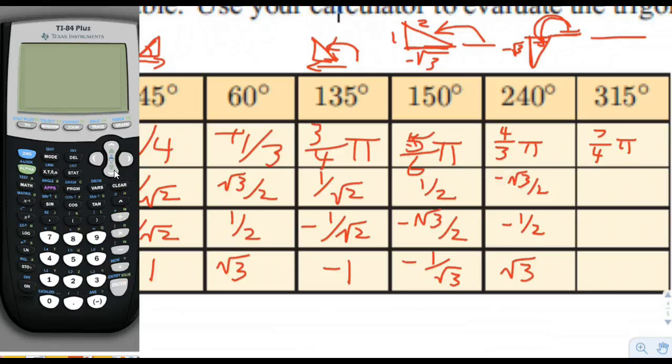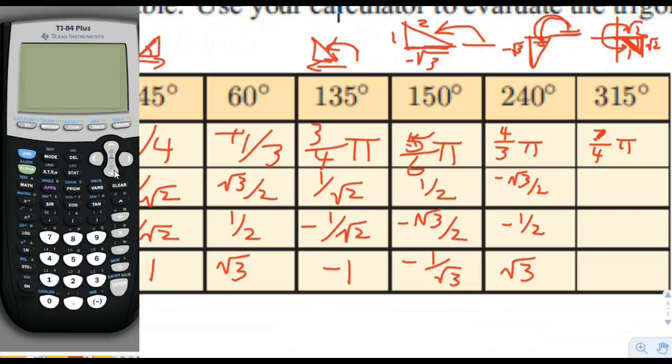315 degrees. Do you see how I'm drawing the little triangles each time? That's the way I do it. I don't memorize these. Okay, so this would be a 45, 45, 90 triangle pointing that direction. The angle goes almost all the way around. It's missing 45 degrees to get to a full 360. So this would be square root of 2, this would be square root of 2, and this would be 1.